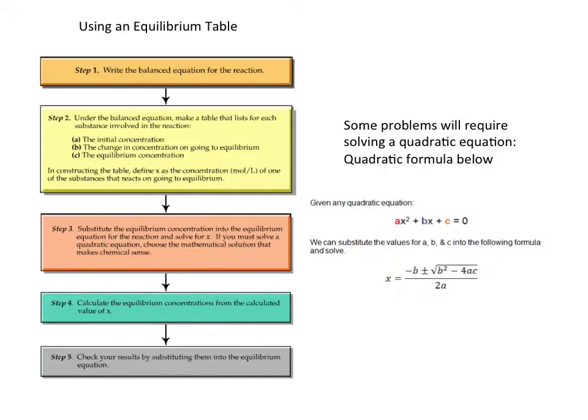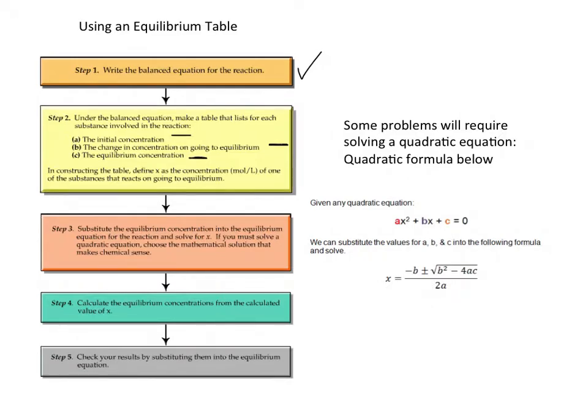The first step in writing an equilibrium table is to write the balanced chemical reaction, often given in the problem. Then underneath that balanced reaction, we're going to make a table where we put in the initial concentrations, the changes in those concentrations as we proceed towards equilibrium, and finally the equilibrium concentrations.